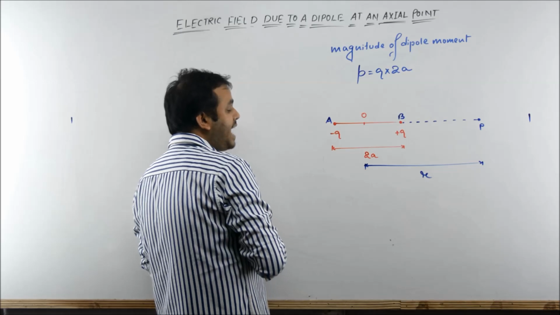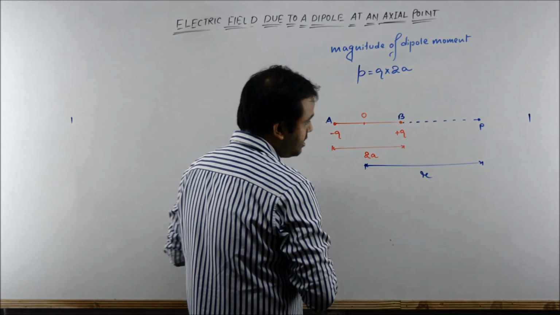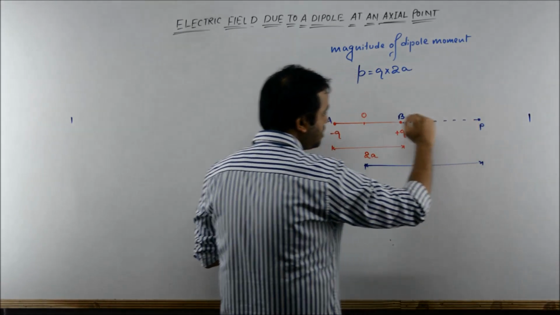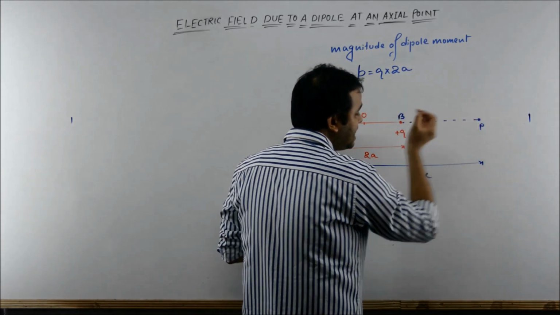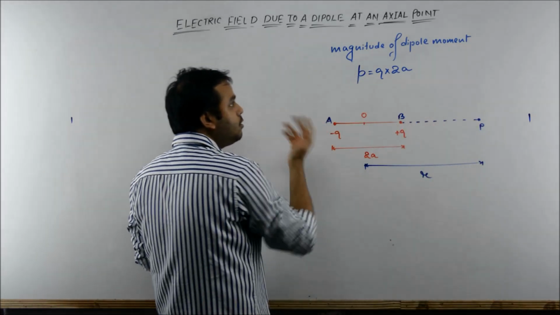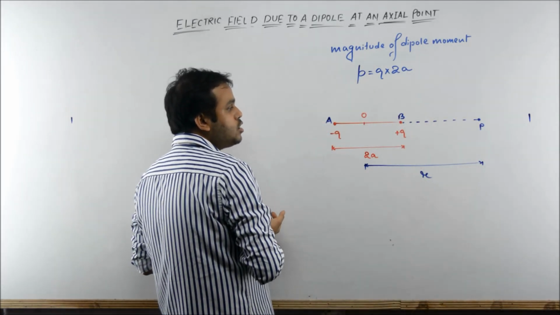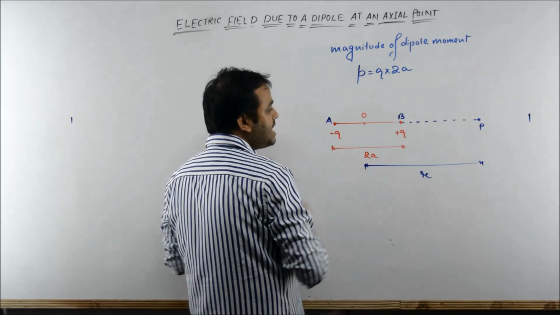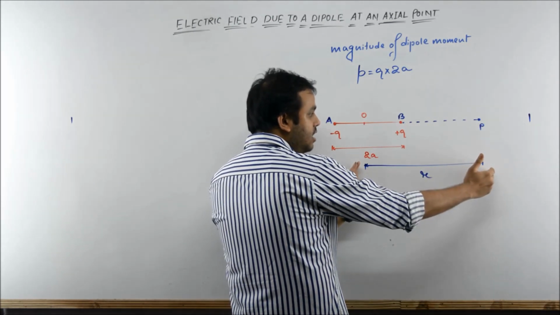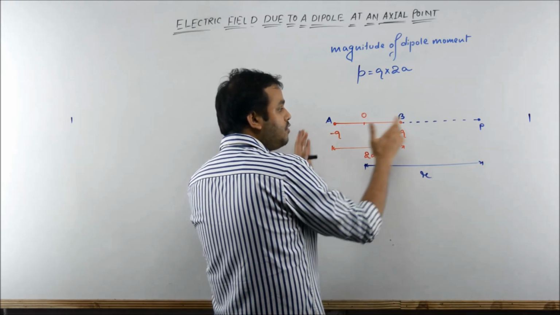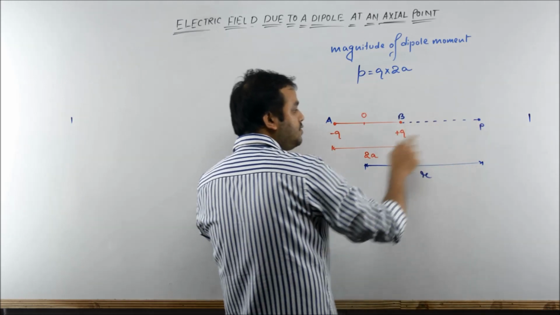Now we wish to find its electric field at an axial point. So this is the dipole axis, and every point lying on this dipole axis will be an axial point. So we have chosen one axial point P, which is at distance r from the midpoint of the dipole towards the positive charge.